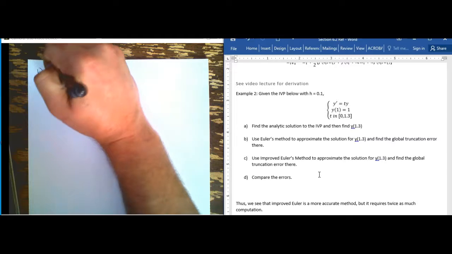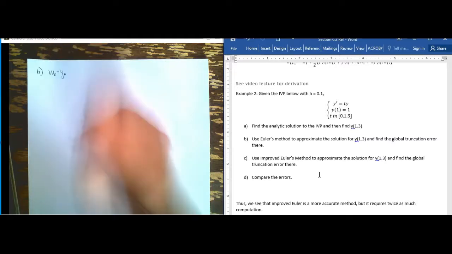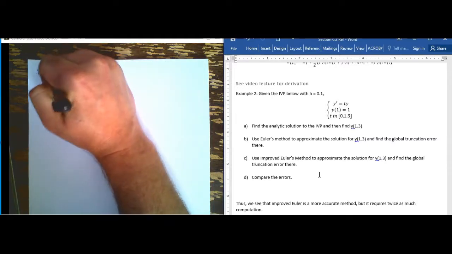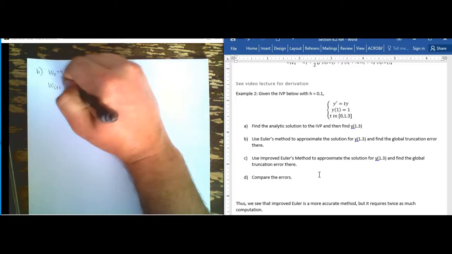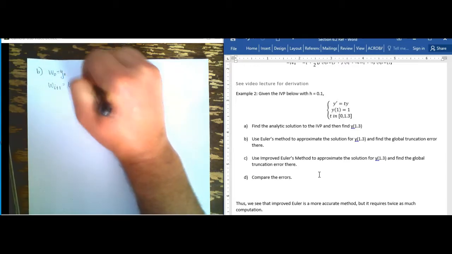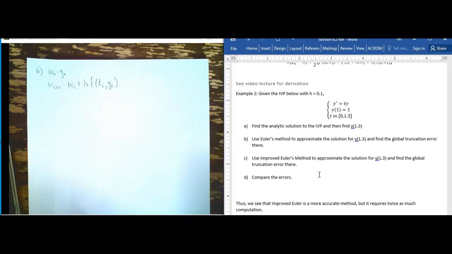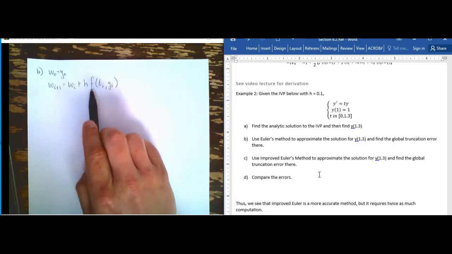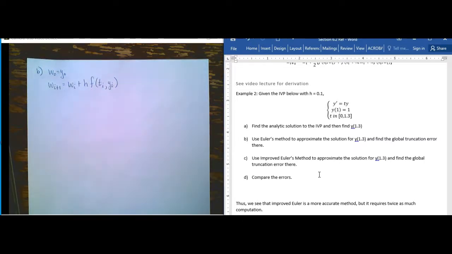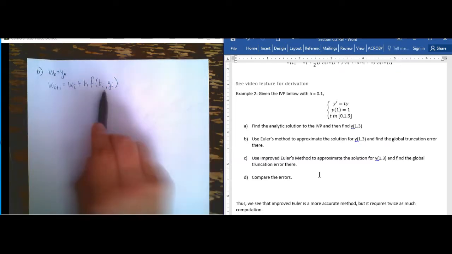It says our initial approximation, and then our next approximation is previous plus h times f of t_i, again, where f is equal to y prime.